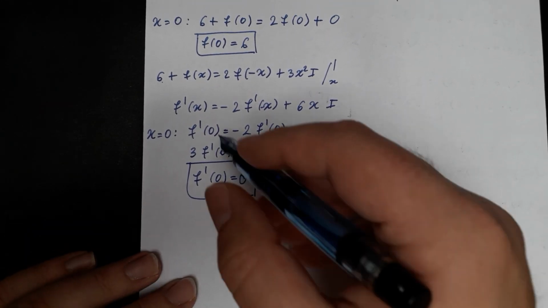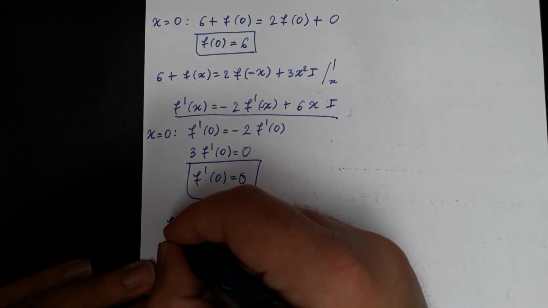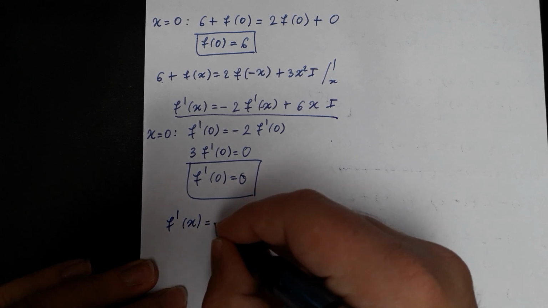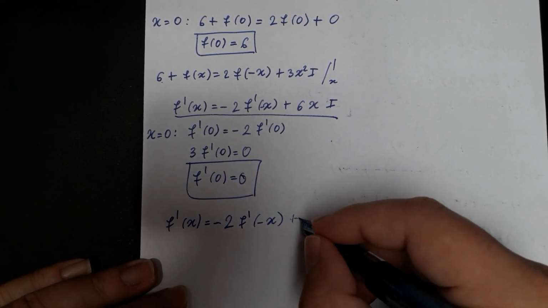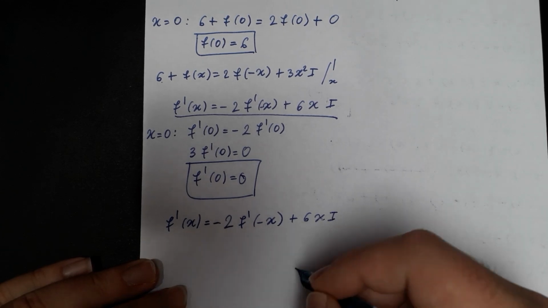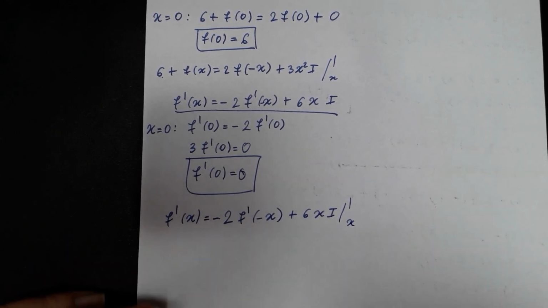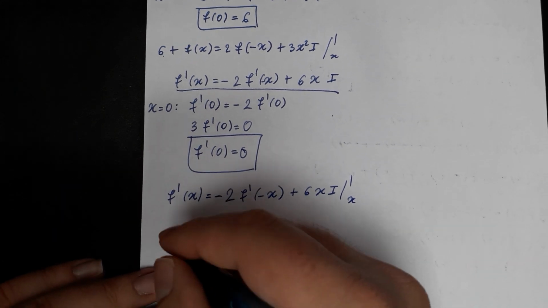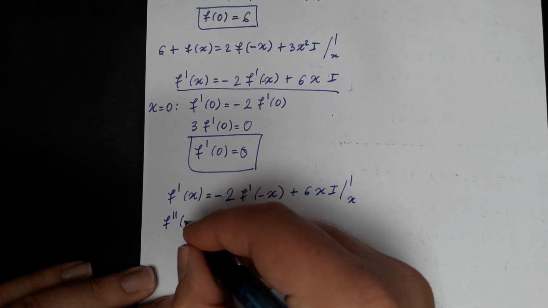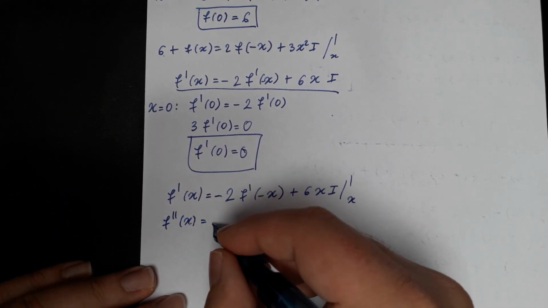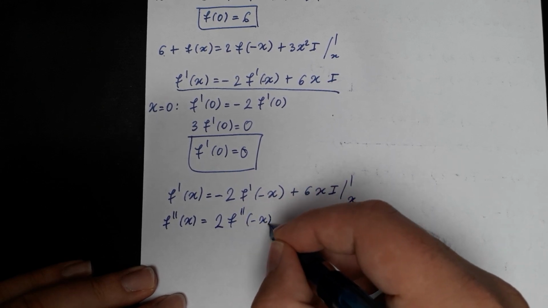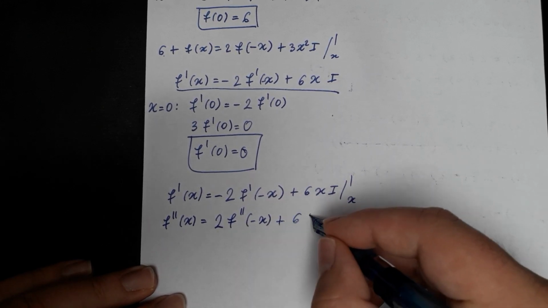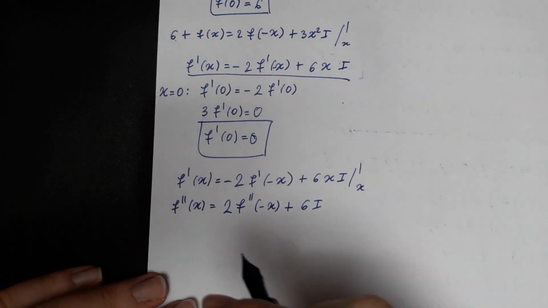Now we are going to take this equation, f prime of x is equal to negative 2f prime of minus x plus 6xI, and we are going to differentiate it with respect to x one more time. So we get that f second derivative of x is equal to 2f second derivative of negative x plus 6I.